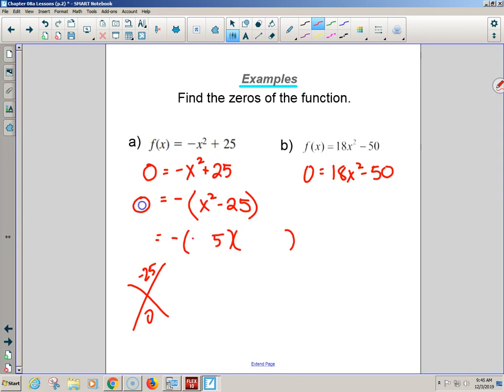Yeah, use those 5s. It's x minus 5 and x plus 5. And then what do we do to solve for zeros? Each one equal to 0. And that's one way to get both that 5 and negative 5.